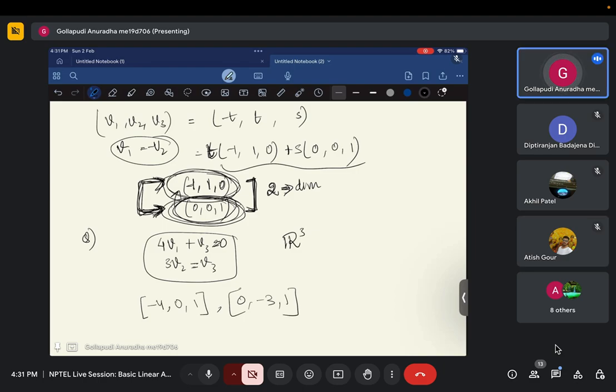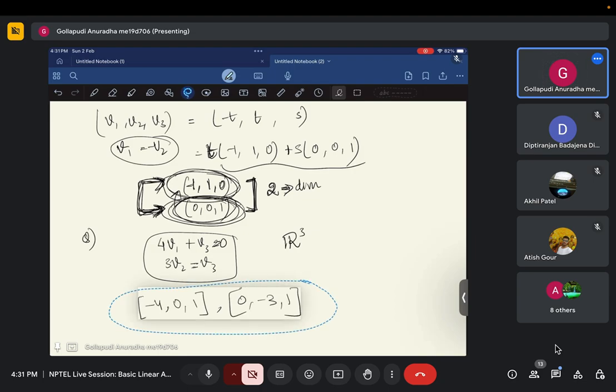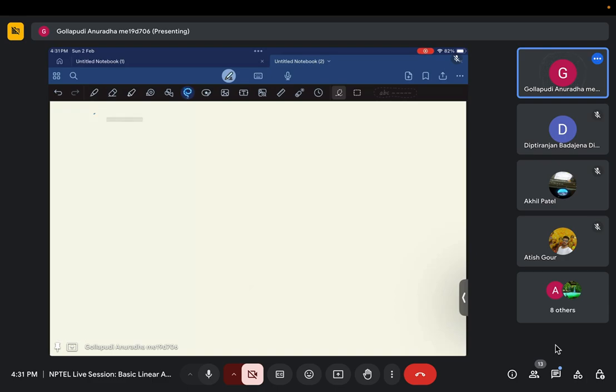Okay, let me keep this aside and let's check whether that's correct or not. So first thing is whether there is a zero vector or not.